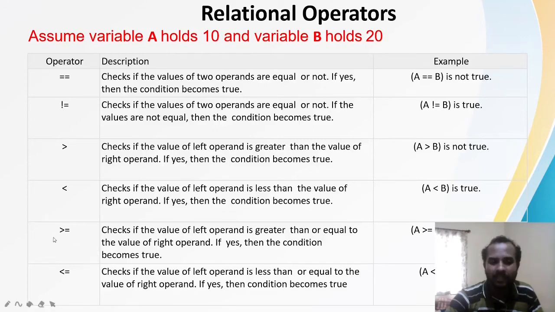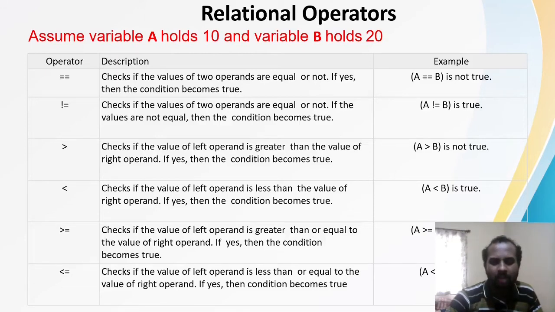Now here greater than or equal to. It will check whether the first operand is greater than B or equal to B. For example here, A is what? A is 10. Whether it is greater than 20? No, it is not greater than 20.